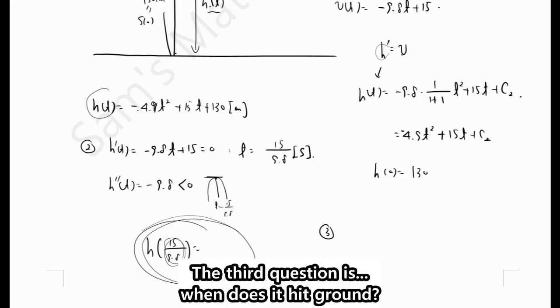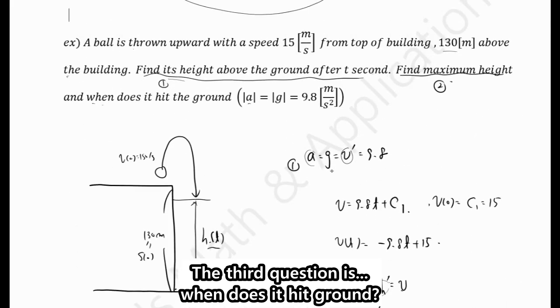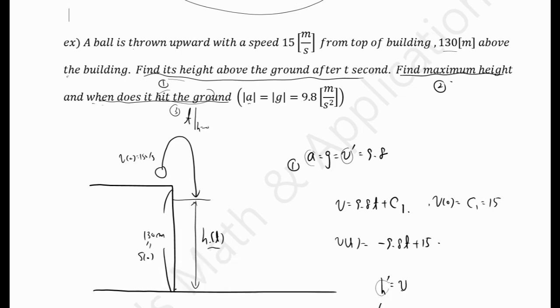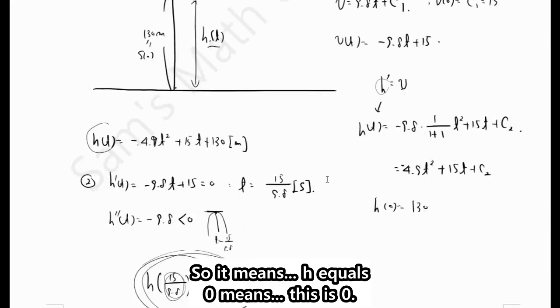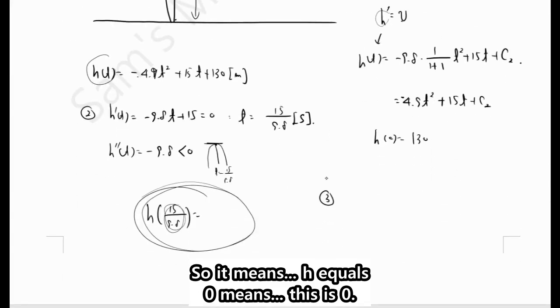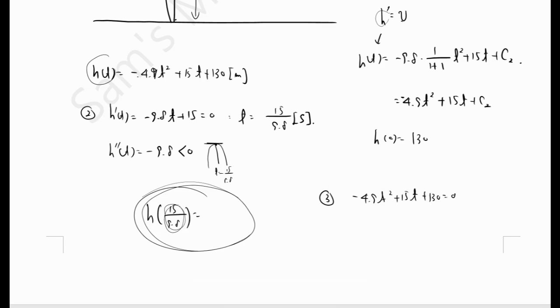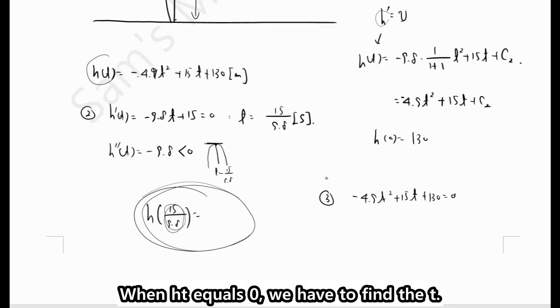The third question is: when does it hit the ground? Hitting the ground means the time when h equals 0. So minus 4.9t squared plus 15t plus 130 is 0. When h(t) equals 0, we have to find t.